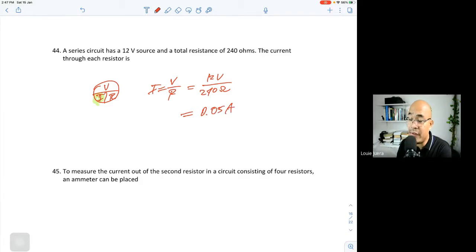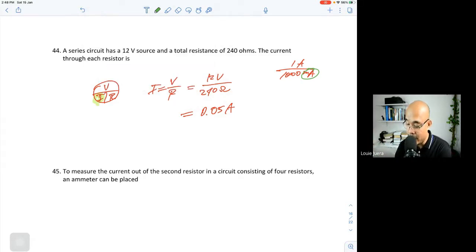But since the value is less than 1 ampere, we can solve this into milliamperes. Again, the conversion factor is 1 ampere is equal to 1,000 milliamperes. Since the final unit that we want is milliamperes, we have to rotate this conversion factor and make sure that the final unit you want is put in the numerator.